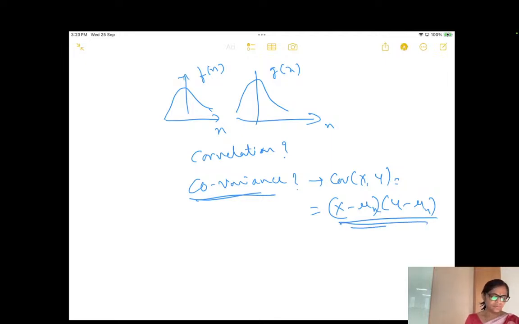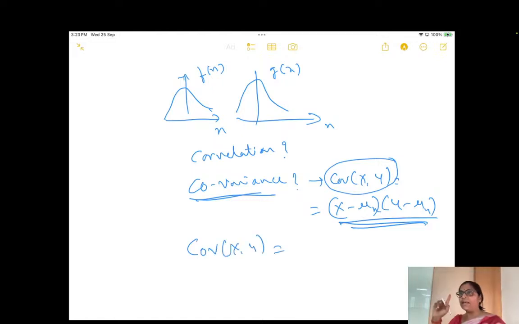Is it so? Covariance of x comma y, is it a matrix or is it one value?